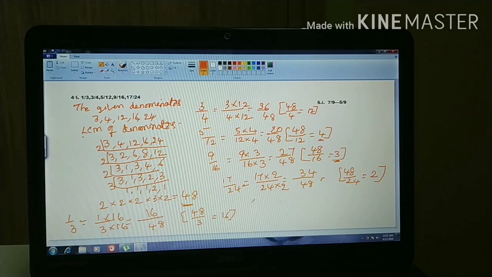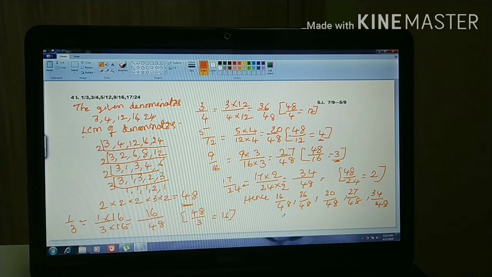Now write down the last line. Hence, all the fractions are 16 by 48, 36 by 48, 20 by 48, 27 by 48, 34 by 48.